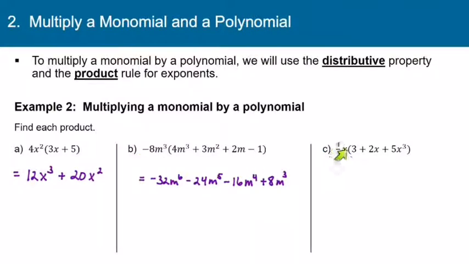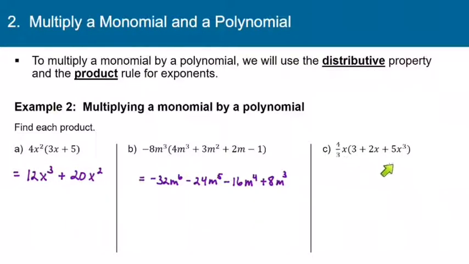All right, now let's multiply the monomial 4/3 x by the polynomial 3 plus 2x plus 5x to the third. I think because we're distributing a fraction, I'm going to take an extra step that we don't normally take. And once you are comfortable with this, you can leave out this extra step. But I think the first time we go through it, it will be helpful for you to see this step.